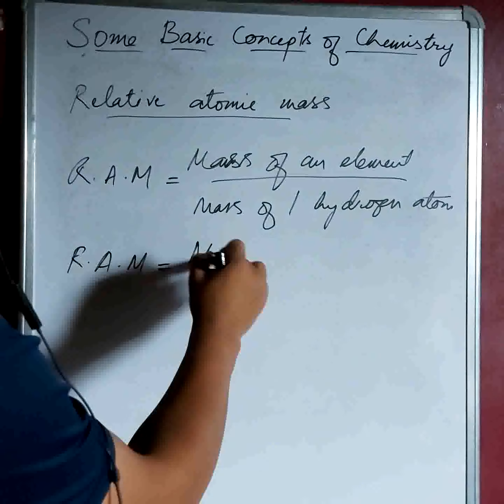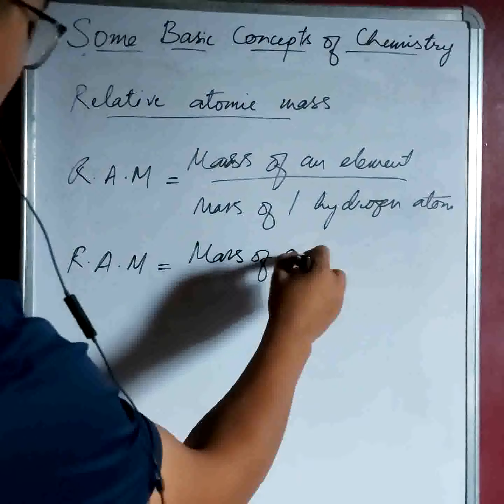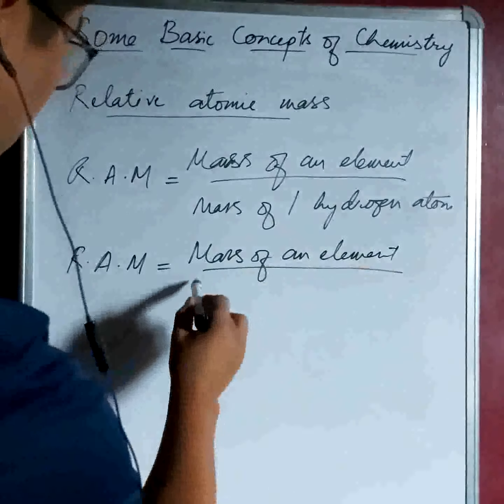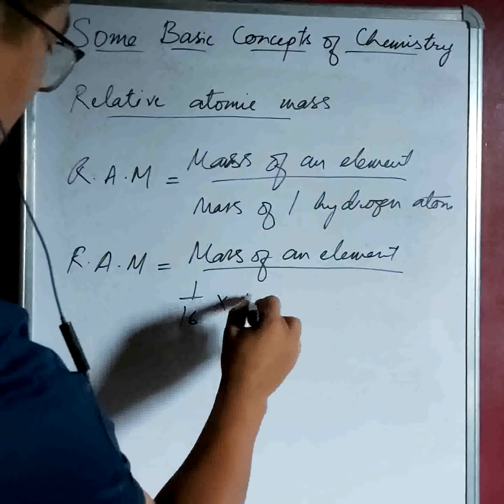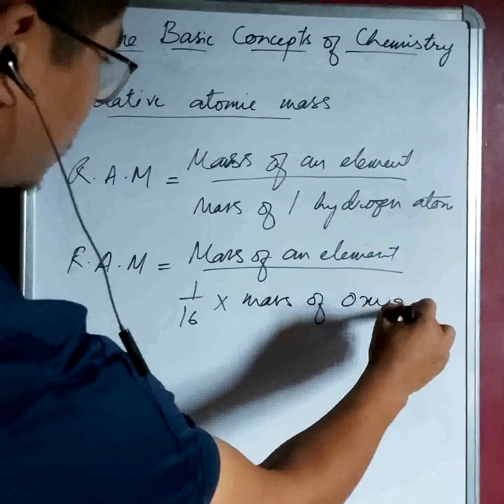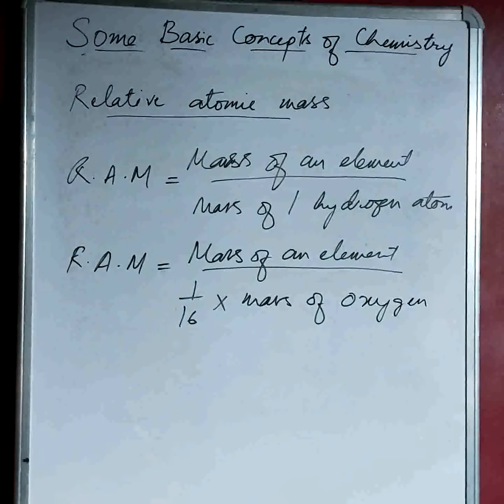So we divide mass of an element with 1/16 of the mass of an oxygen atom. That will give us the relative atomic mass of that particular element.